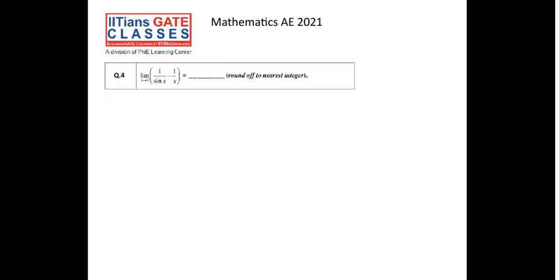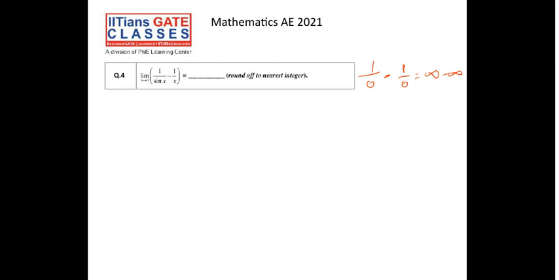Moving on to the next question. So this is a NET question. So let's solve this. The limit as x tends to 0 of 1 by sin x minus 1 by x. First, directly substitute the limit to get 1 by sin 0 is infinity, minus 1 by x is infinity.